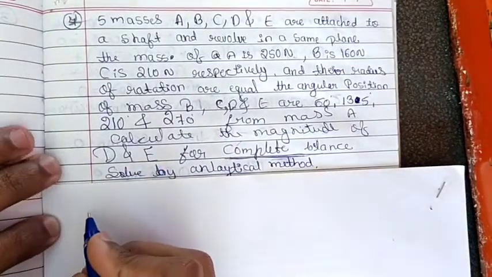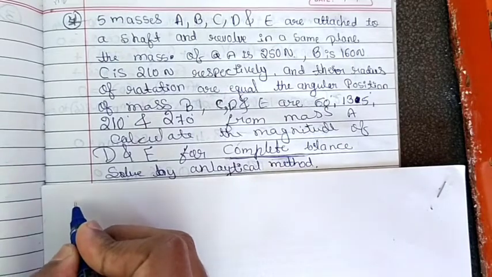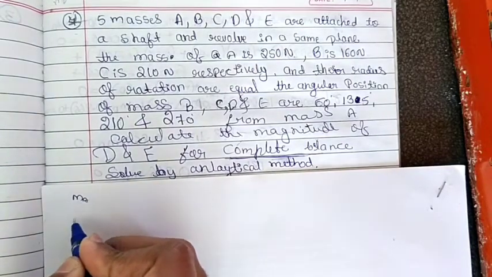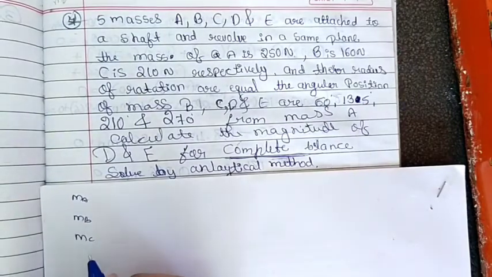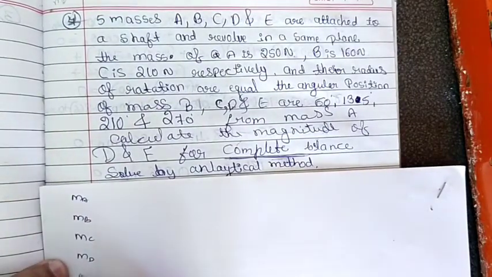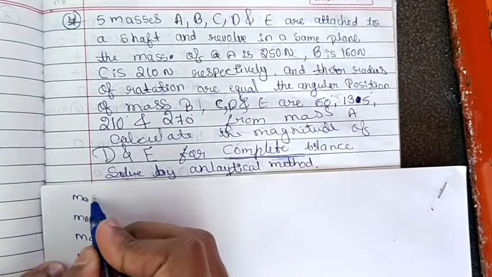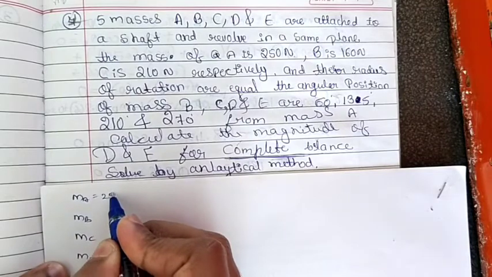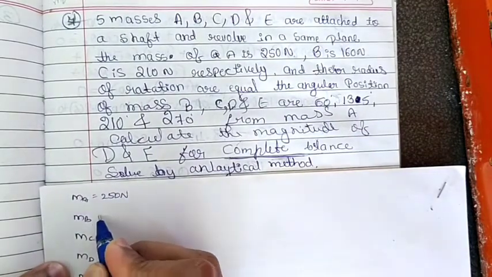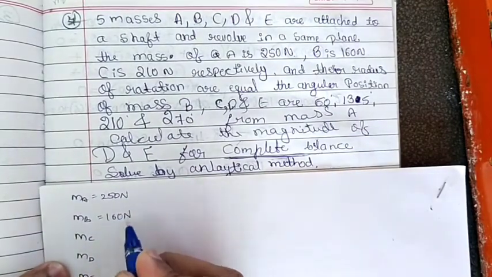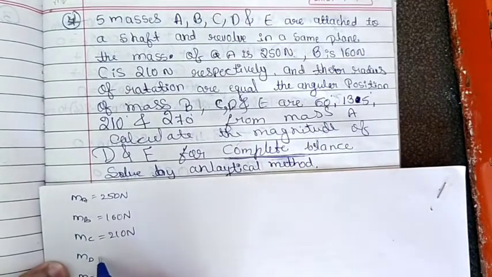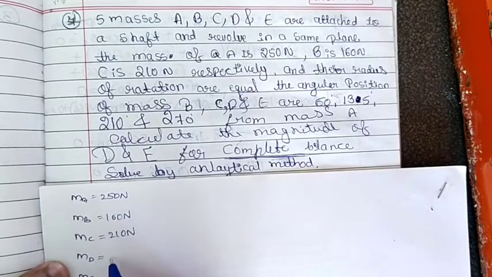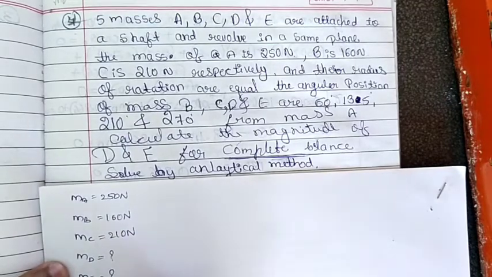We will take all the given things first. Mass of A is 250 Newton, B is 160 Newton, C is 210 Newton, and D is not given. You need to find MD and ME.